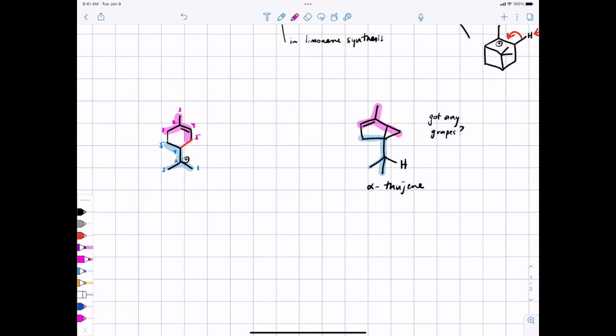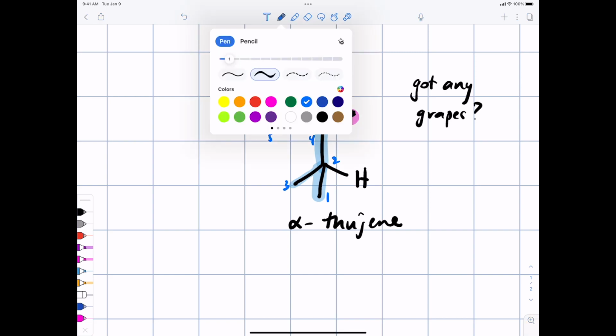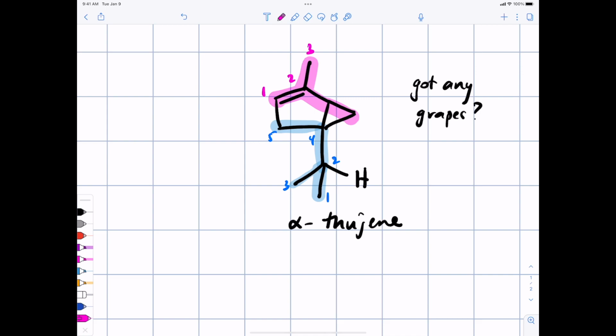Often the difference between those 2 is just a matter of which enantiomer you get, which we are not caring about. So if I identify the subunits like this, 1, 2, 3, 4, 5, versus 1, 2, 3, 4, and 5. Here are the new bonds I made.